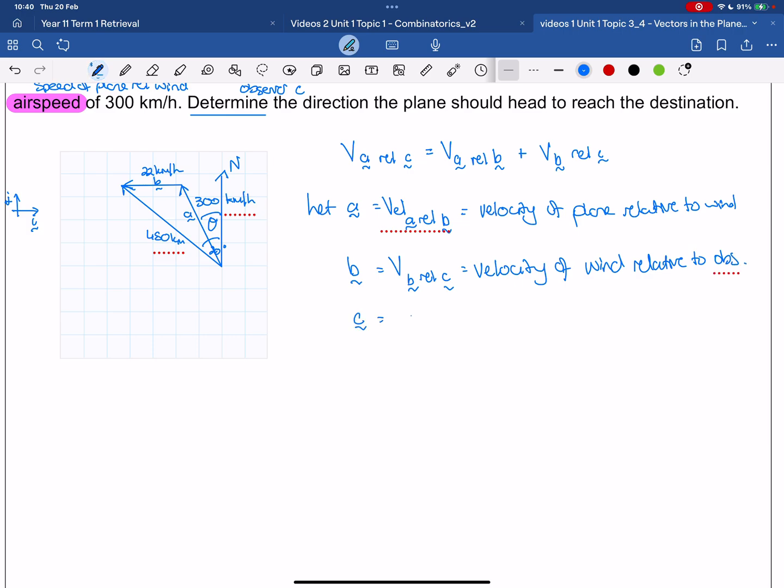And C is going to be my velocity of A relative to C, which is my velocity of the plane relative to my observer. That's what I'm actually looking for.